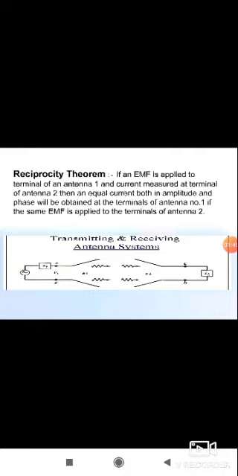Then in the second stage, we apply the EMF to antenna 2 and measure the current in antenna 1, and we will see that the current is the same. You can say that it's a two-port network, quite visible in the diagram also.